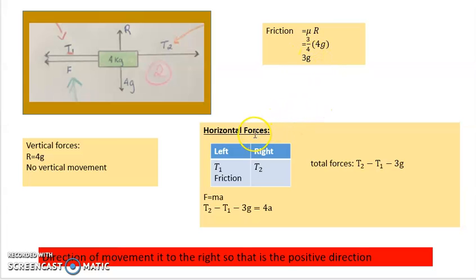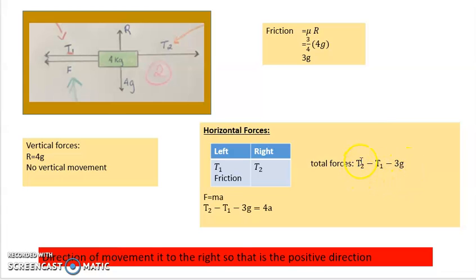Now looking at my horizontal forces. To the left, I have T1, the tension on the left, and friction. And on the right, I have the tension T2. So the total force is T2, take away T1, take away 3g.